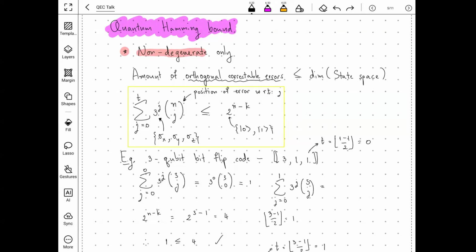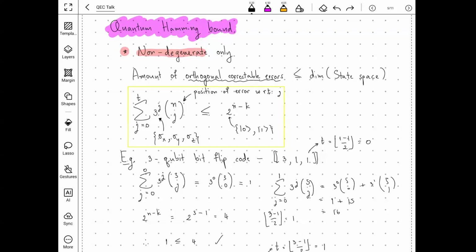So, I mean, it is a degenerate code. I think 2, 5, 3, 1, 5, 1. But 3, so it's just 1 plus 15, right? So that's 16.